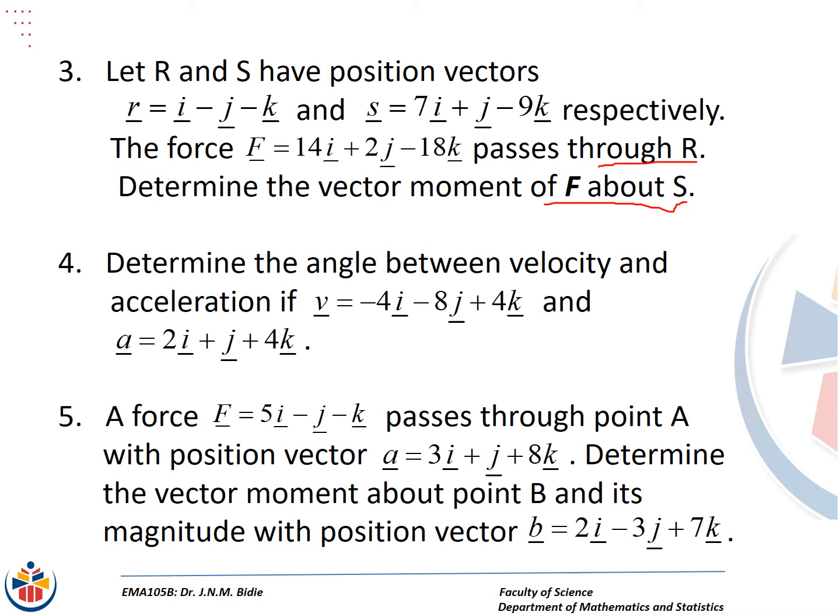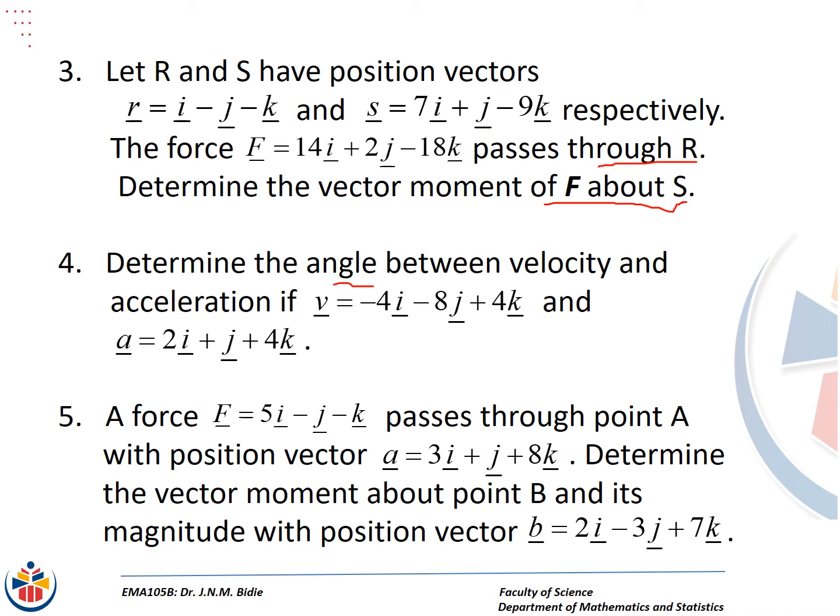Here, number 4, I would like you to find the angle between velocity and acceleration using the cross product, and then confirm if you're going to get the same answer when you've used the dot product. Number 5.